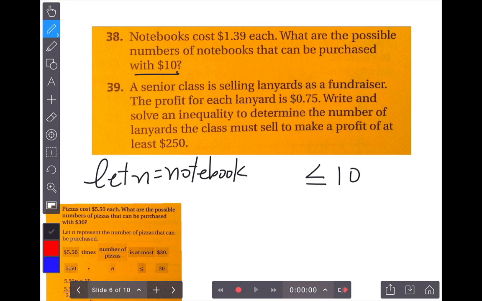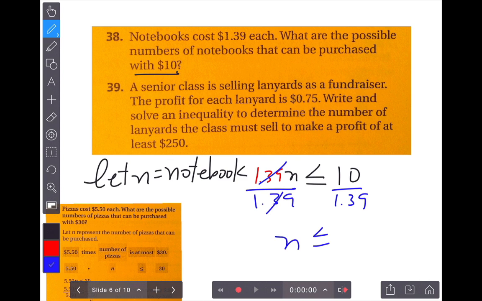Okay? Now, if that's the case, then I know it's going to be $1.39 for every notebook. So $1.39 times n. That tells me I'm going to do a division here. So $1.39 and n. So whenever you do this, n is less than or equal to.